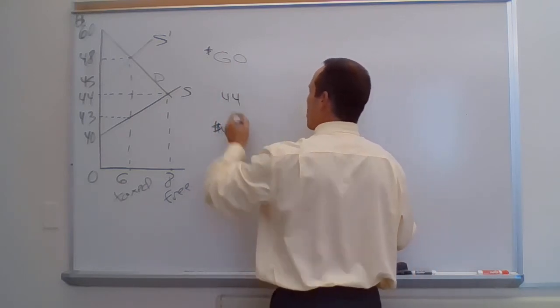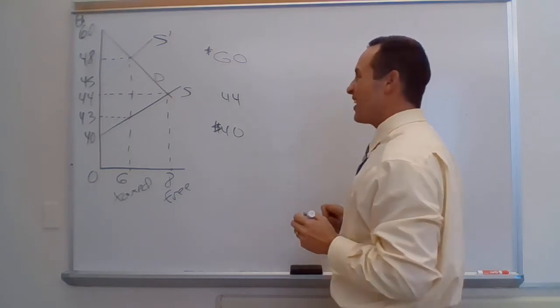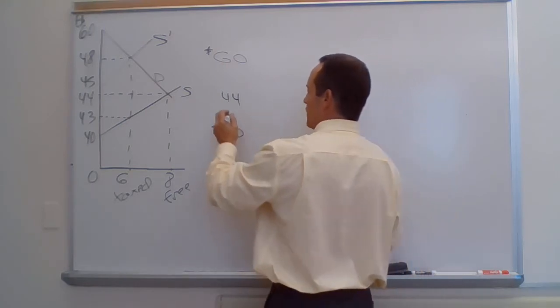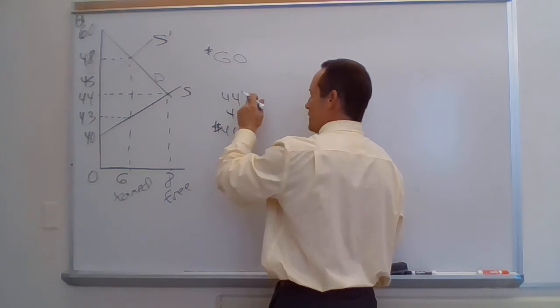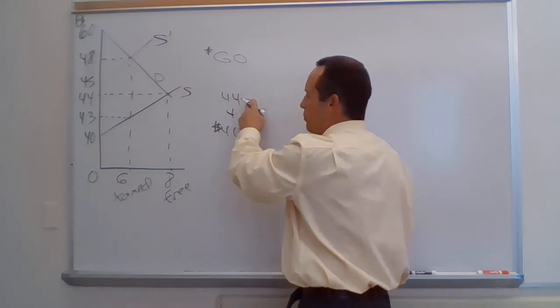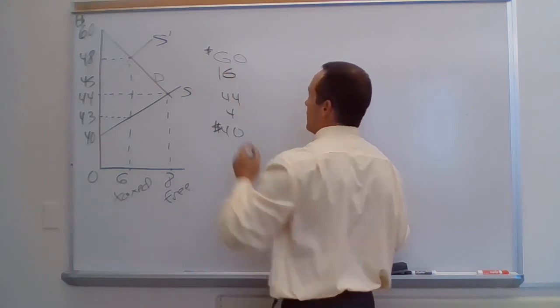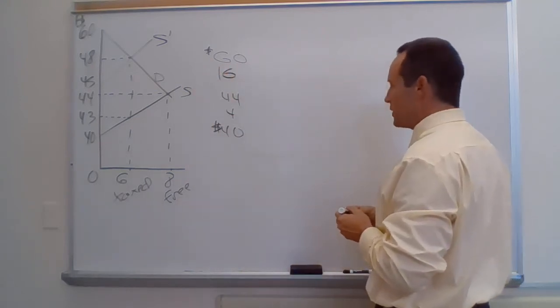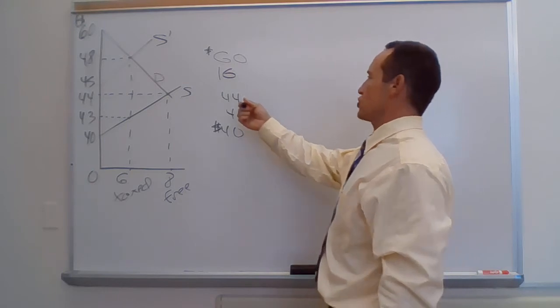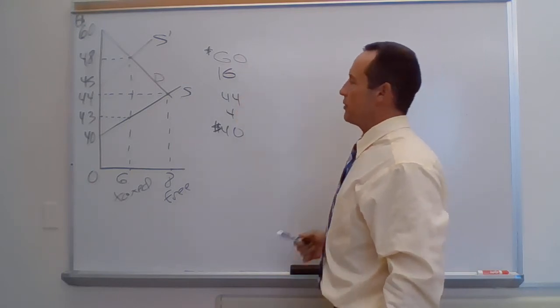And the $44 equilibrium price is not exactly in the middle. There's only a $4 difference between the tax-free equilibrium price and the supplier choke price, and there's 4 times as much, or $16 difference between the original tax-free price and the demander choke price.